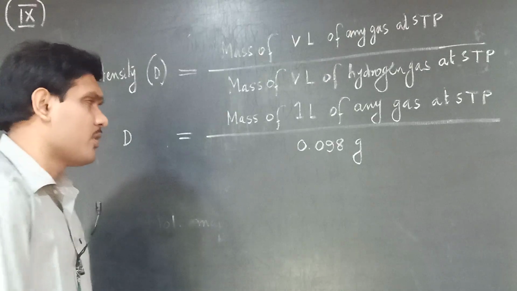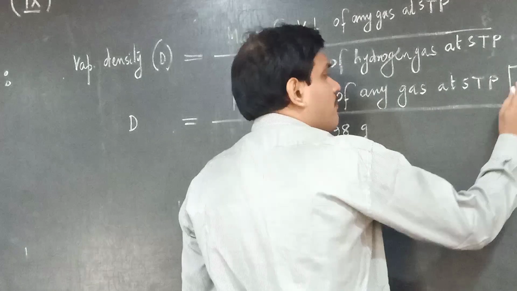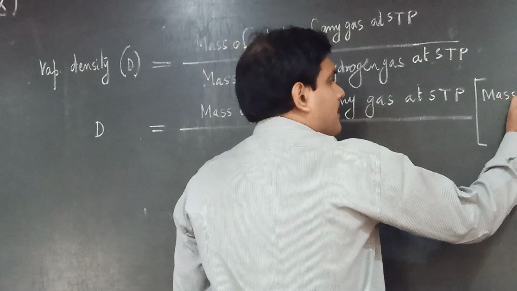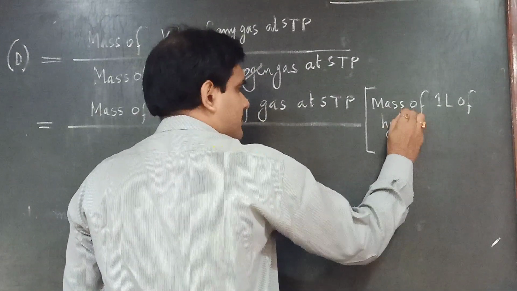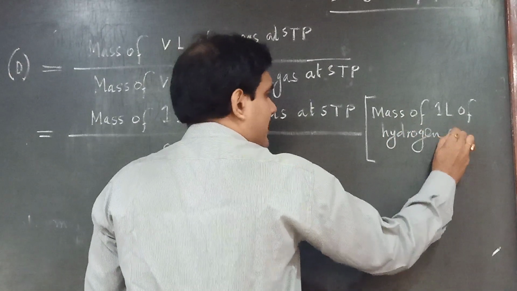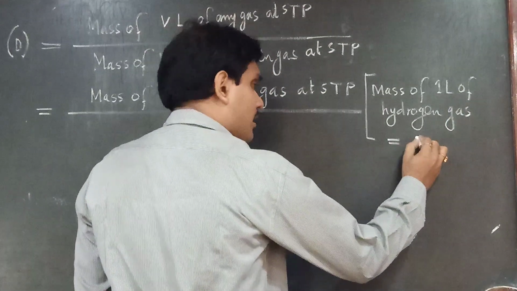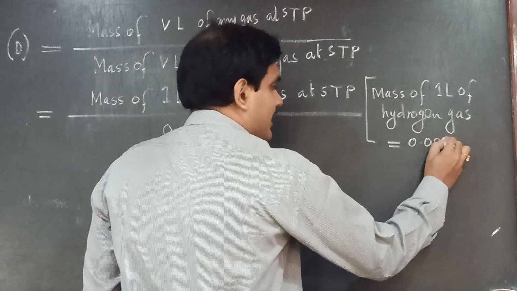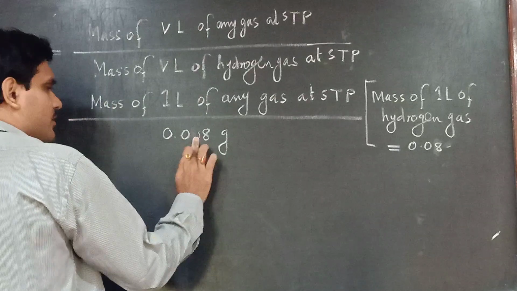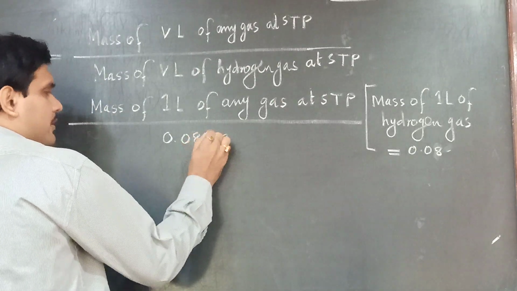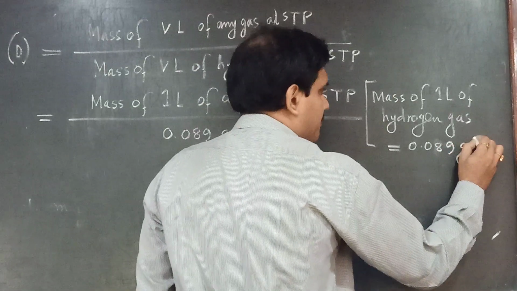So the mass of 1 liter of hydrogen gas is 0.089 grams.